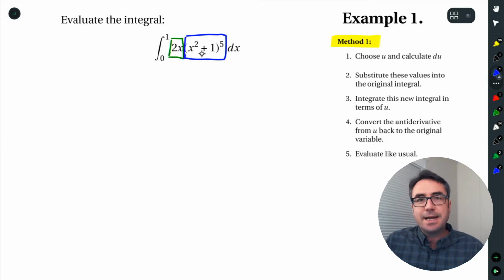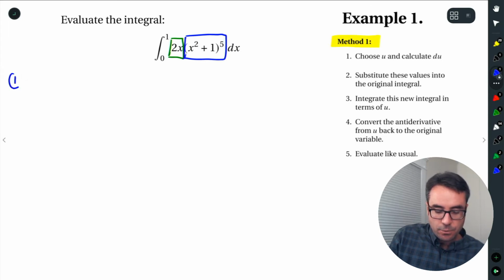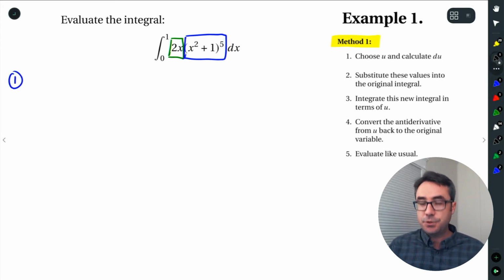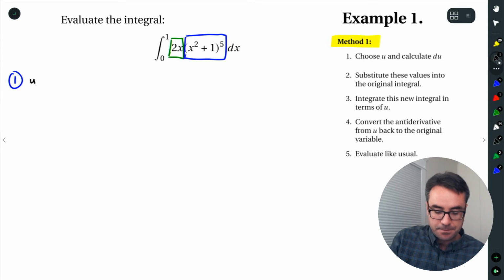A lot of times with substitution rule, for this complicated piece we look at what's inside the parentheses, and that's our choice for u. So step 1, we're going to pick u equal to x squared plus 1.